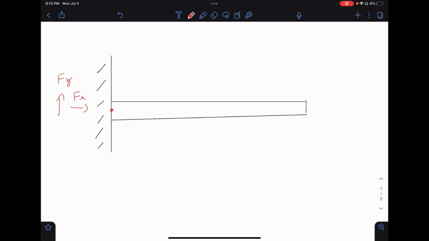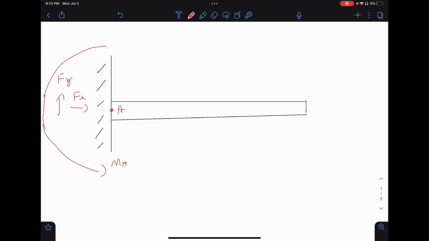And we would also get a moment called MA, we'll call this point A, moment about this point A on the beam here. So remember, for a fixed end, we would get a force in the x direction, a force in the y direction, and a moment as well.